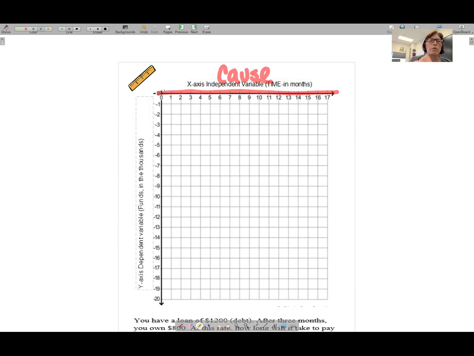Dependent is the vertical line. It's known as the effect. Cause and effect. So when you're trying to determine what part of this storyline is independent versus dependent, just ask yourself, what causes what?